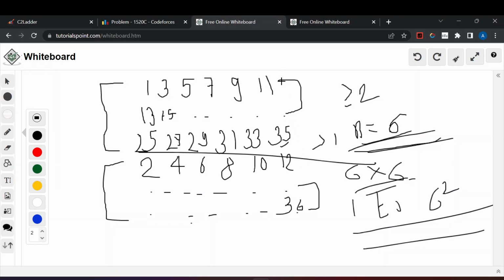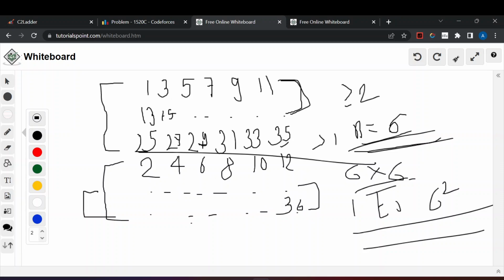So for the first two lines there is no problem, as the difference between all adjacent cells will be greater than or equal to 2 because they are odd. And similarly for the last two lines, the case will be the same, the difference between adjacent cells will be greater than or equal to 2.